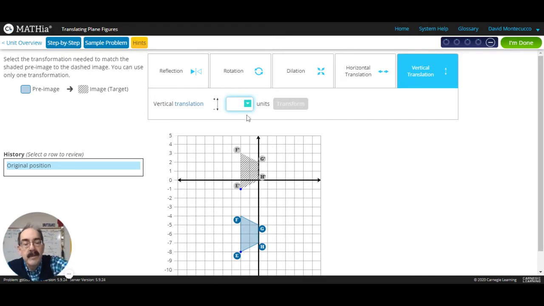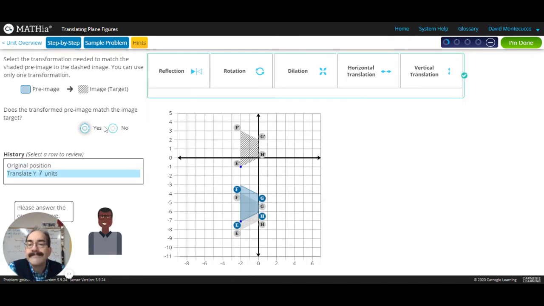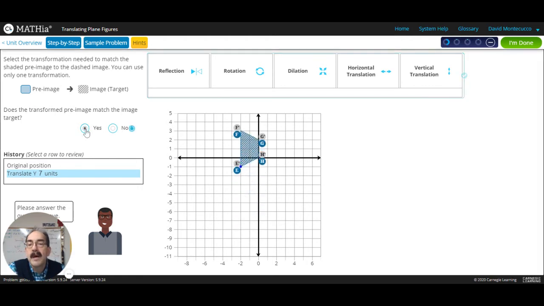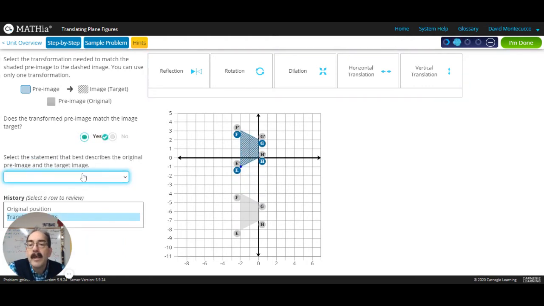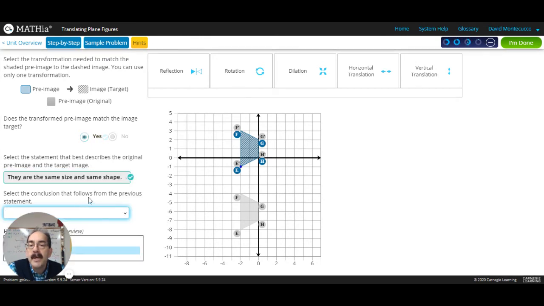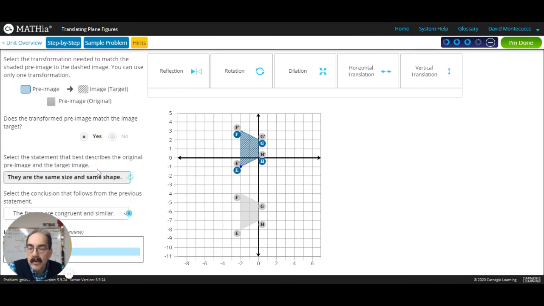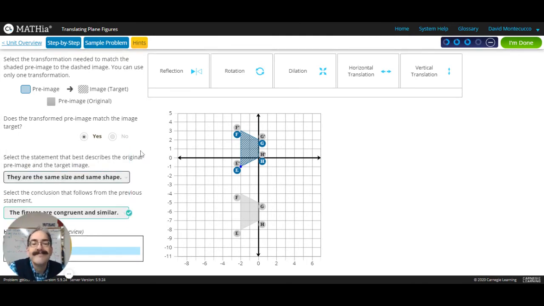I think 7. Let's try 7. Cool. And it moves it up. They're right on top of each other. We're happy. And they are the same size, the same shape. And they are similar and congruent. Cool. All right. Rock this joint.